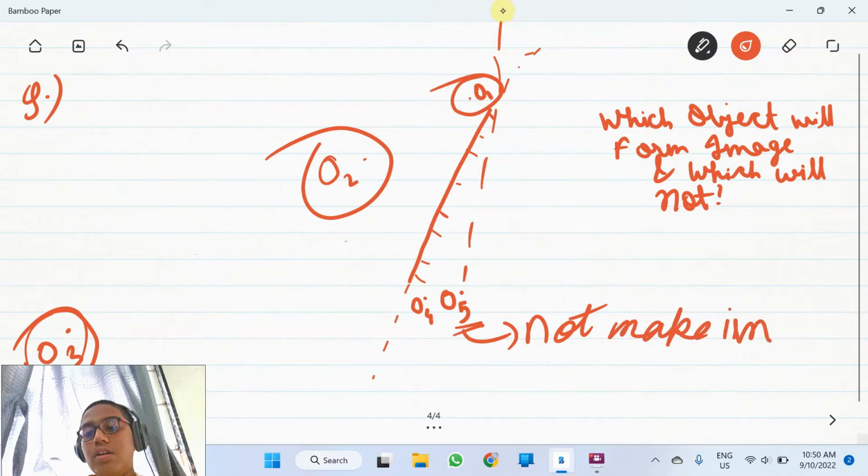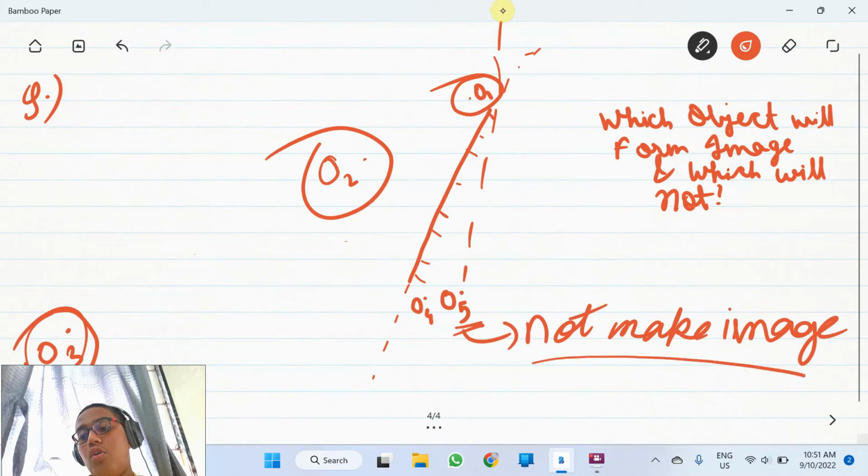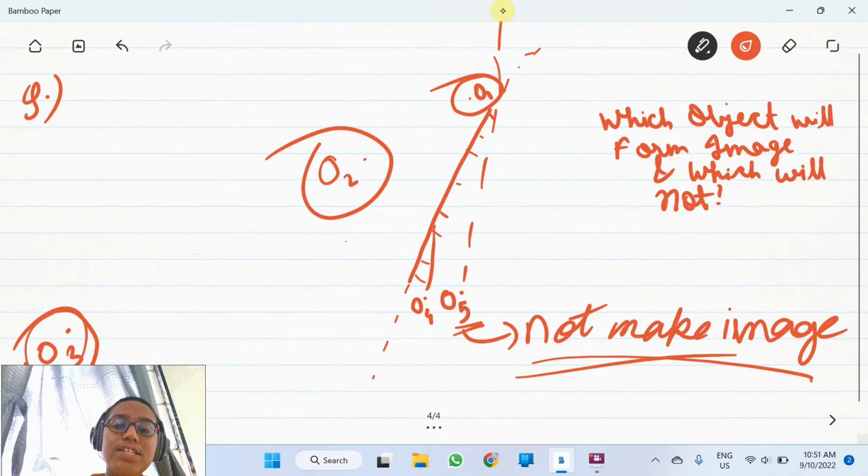Now the question comes to O4. O4 is an interesting one. It is beside the mirror till this part, but it is present for this part of the mirror.